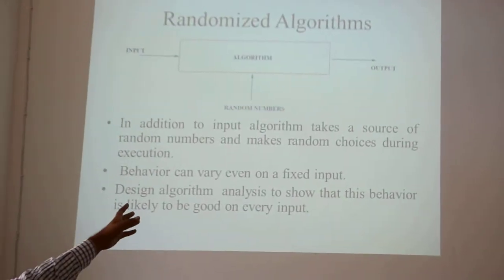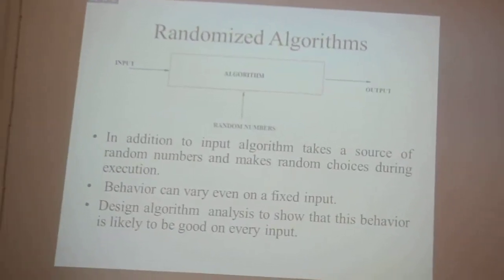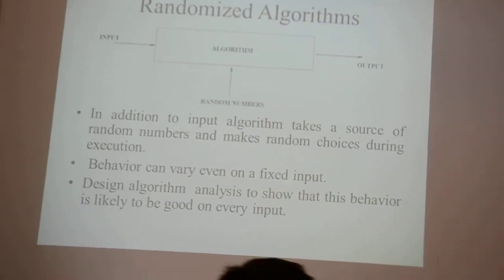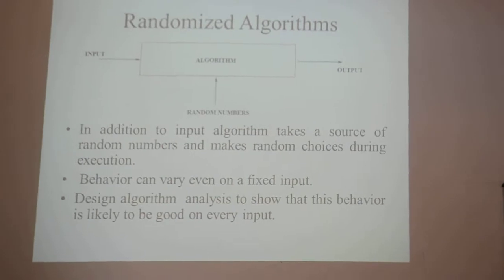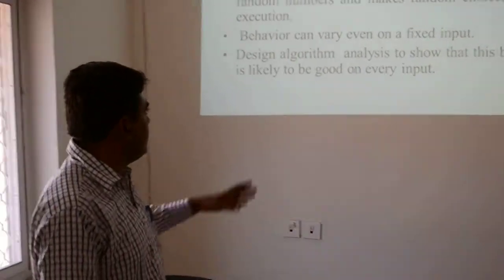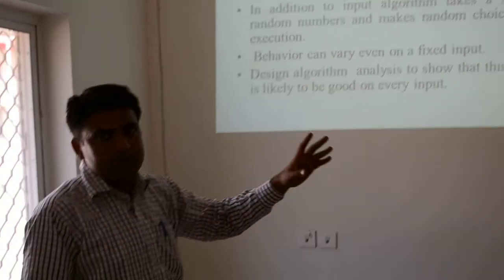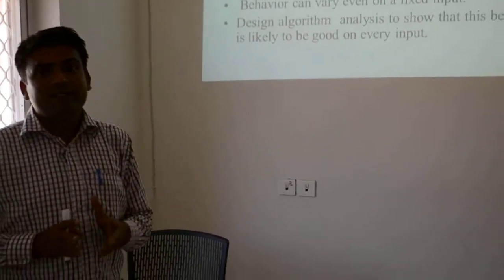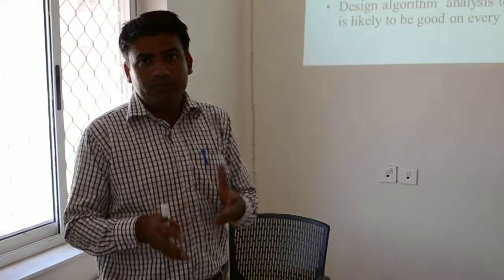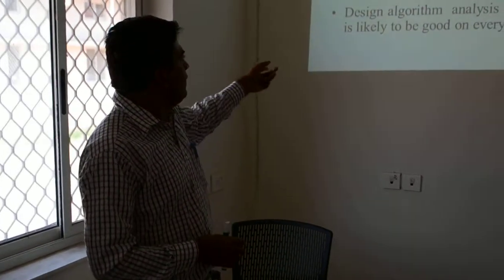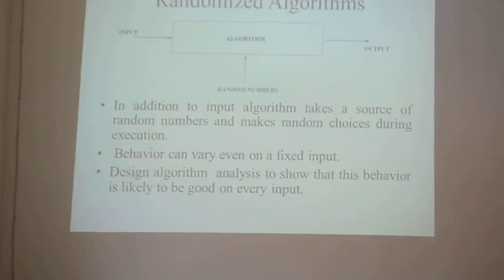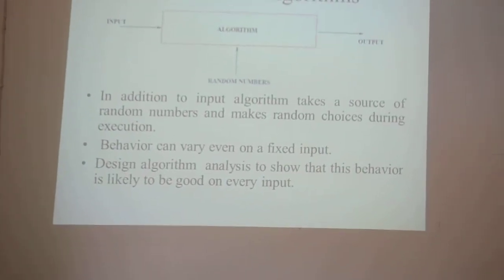In addition to the input, the algorithm takes a source of random numbers and makes random choices during execution. Now what happens? Behavior can vary even on a fixed input. Now we see how, by adding a random bit, the algorithm's behavior changes. We design the algorithm to show that this behavior is likely to be good on every input.